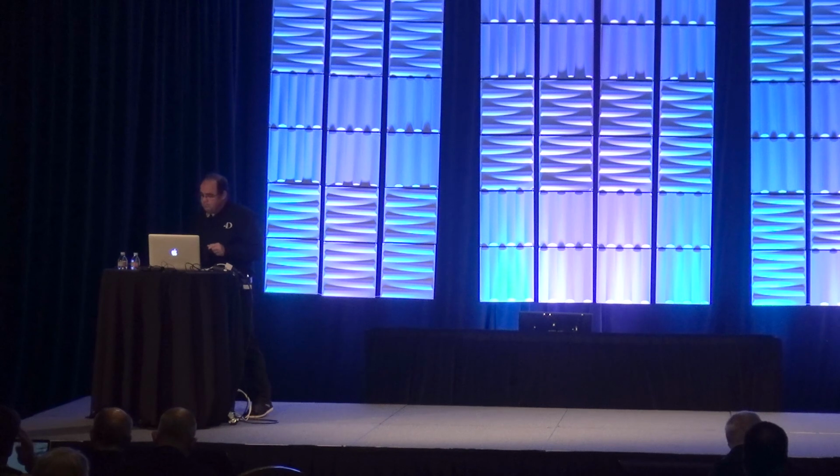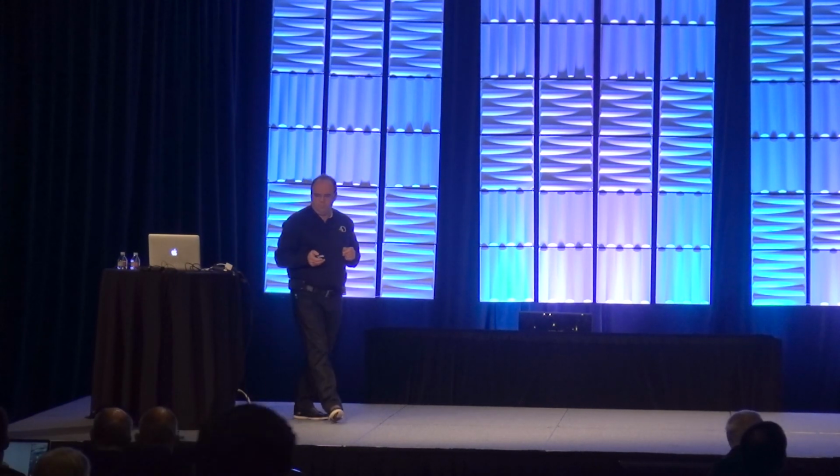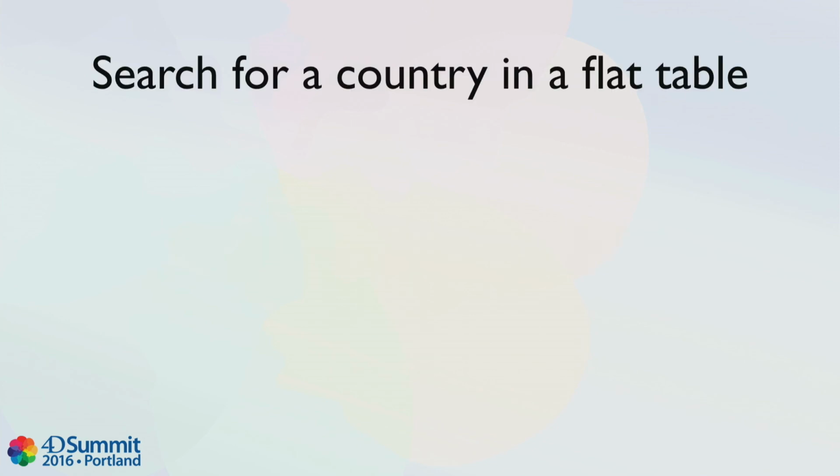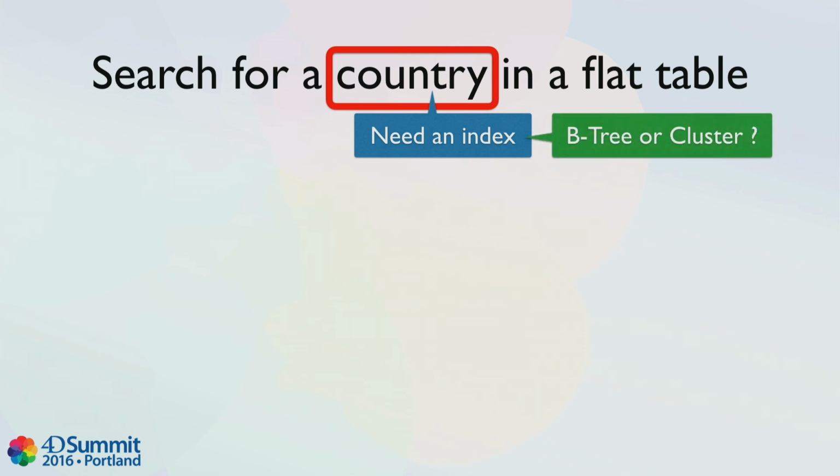So it's time to make some queries. The first one is a search for a country in a flat database. For a country, we want to perform a quick search, so we need an index. Immediately, the question is B-tree or cluster.